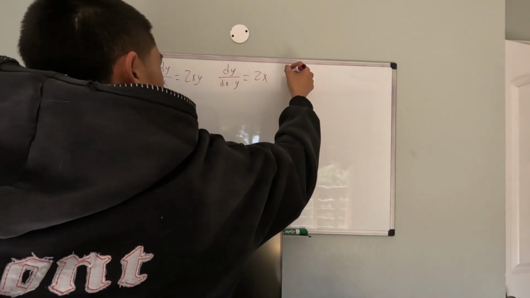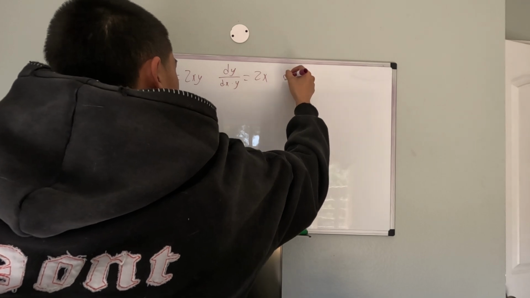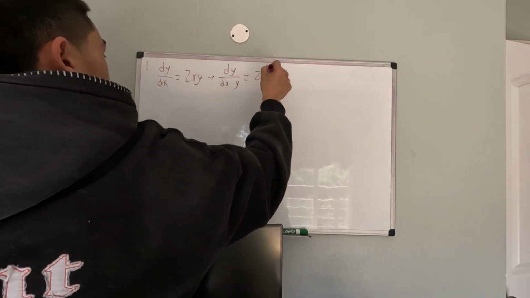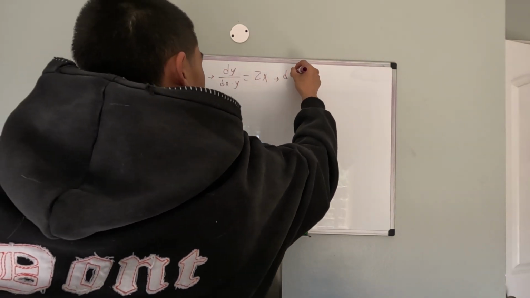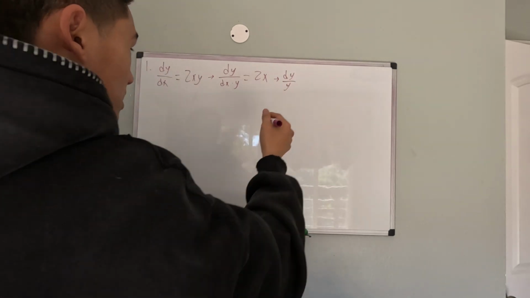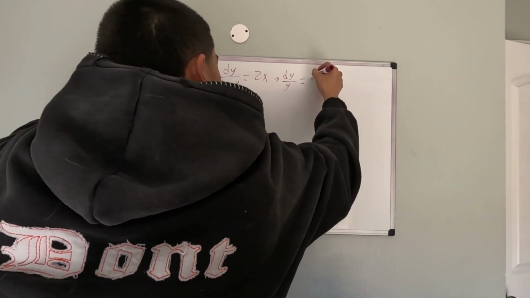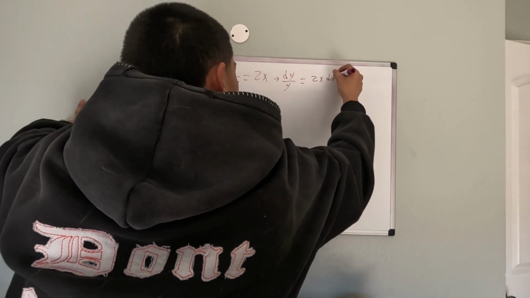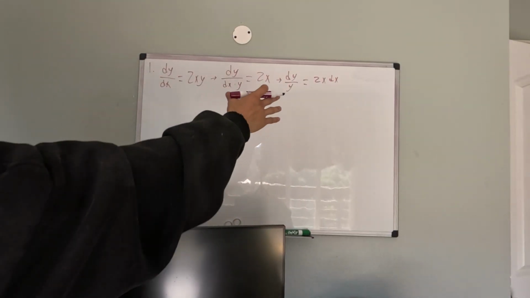Then you're going to see that dy over y equals 2x dx. That's how that's going to look.